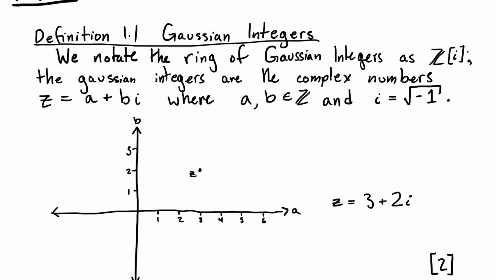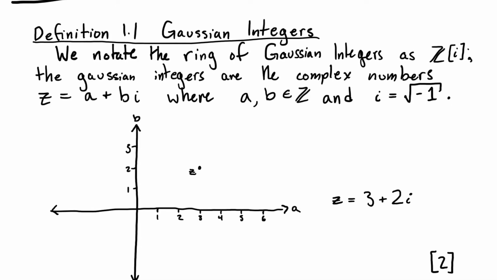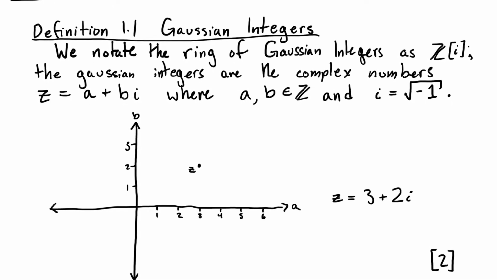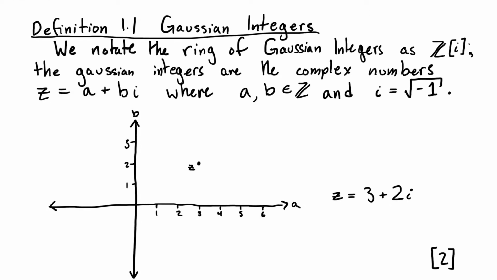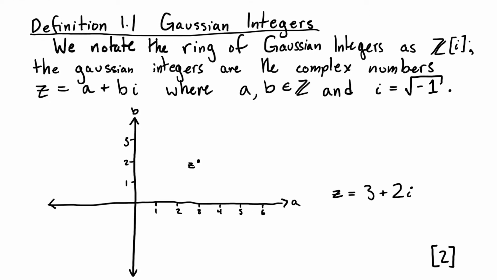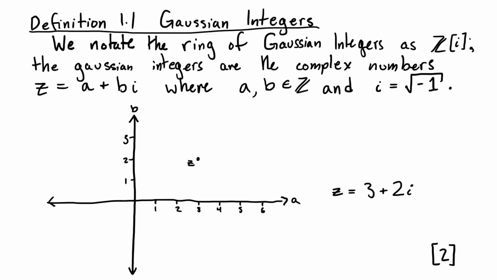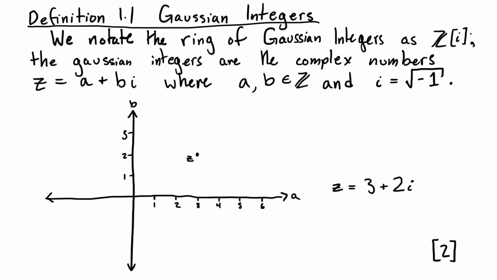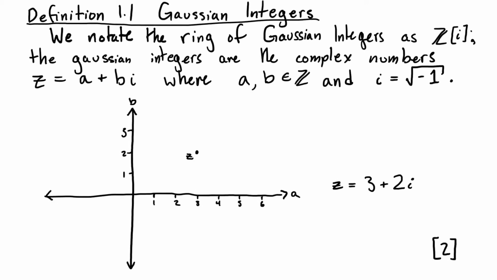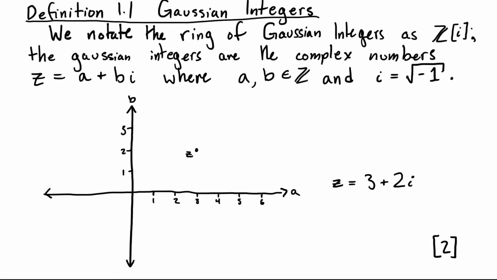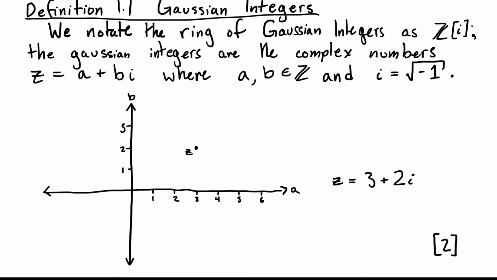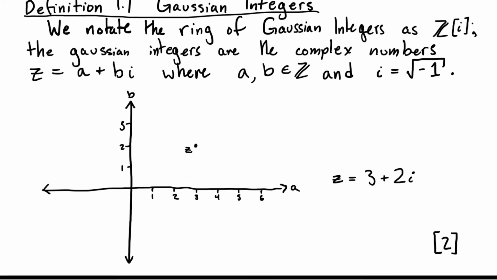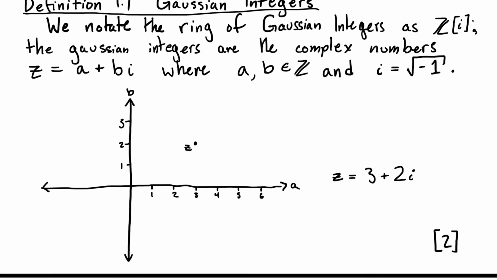If you let the real part of z be the x-axis and the imaginary part of z be the y-axis, then for every z in the complex field, there is one point on the Cartesian plane, and for each point on the Cartesian plane, there is one z in the complex field. So if you had the complex number z equal to 3 plus 2i, that corresponds to the point on the plane (3, 2).